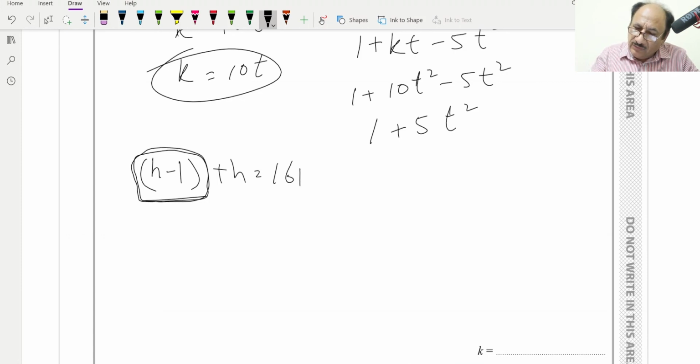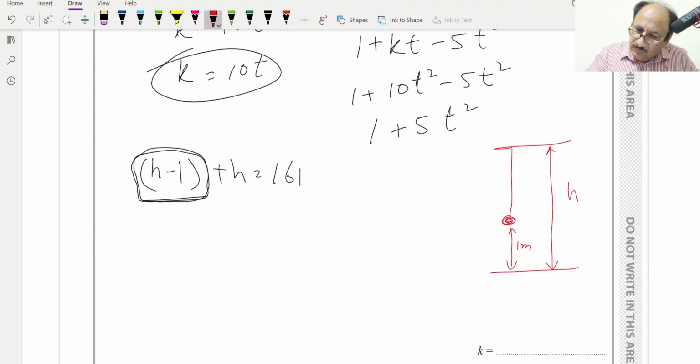So for example, if we try to draw the drawing, the ball is thrown from here and this height is 1 meter, it goes up to this level, and this level is h, so this height is h.